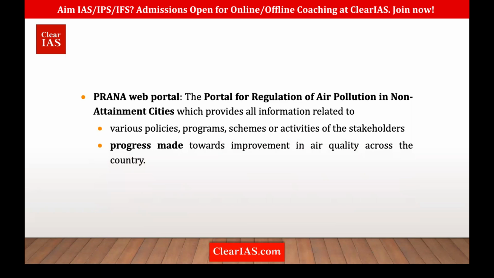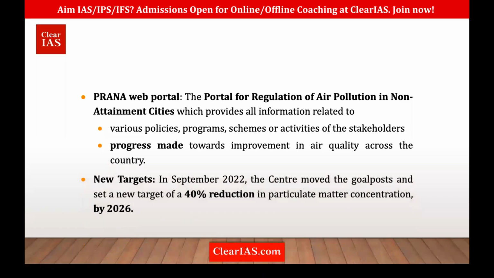So especially in non-attainment cities, they give the major initiatives by the government and the other stakeholders with regard to reduction in pollution level, and what progress is made, what improvement there is in air quality. And one interesting fact I told you already, the target was 20 to 30% reduction in PM2.5 and PM10 by 2024.